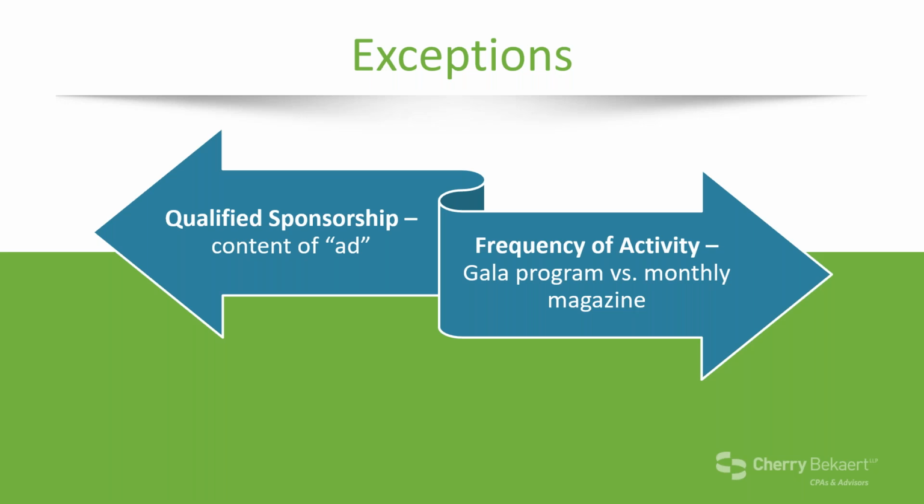You have somebody sponsor an event of the organization, and as part of that sponsorship, they receive certain benefits, including ads or acknowledgments. But it's always important to remember that the frequency of the activity, the regularity of it, is a common exception that can be used as well.